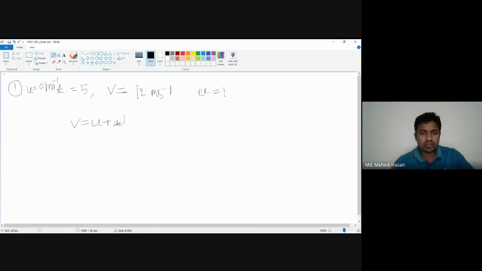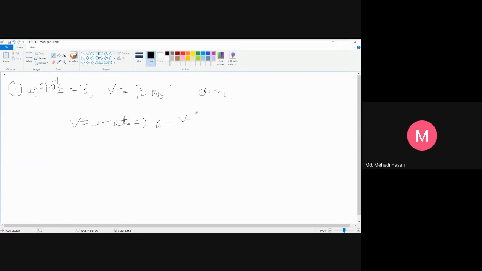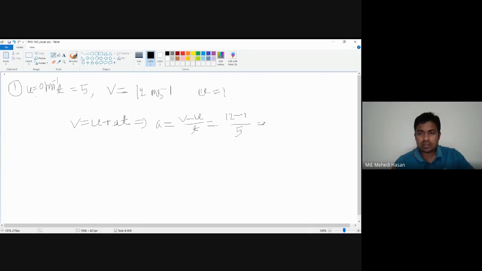From this we can say a equal to (v minus u) by t. Then 12 minus 0 divided by 5 gives 2.4 meter per second square. So this is the acceleration.